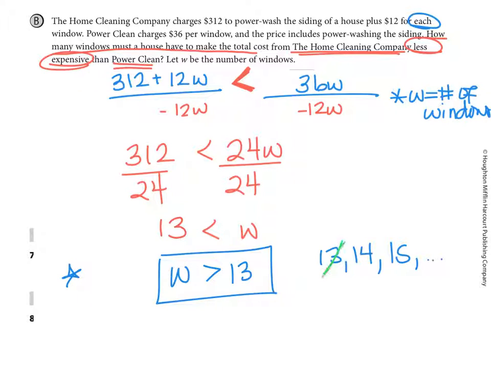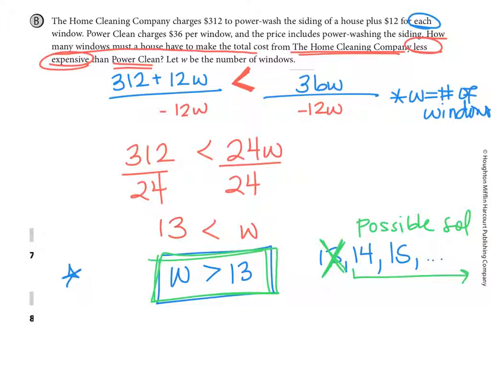It does not mean 13 because this says greater than 13, not greater than or equal to, which means you would have to do 14 or more. All right, so in my notes, my answer, I would write this down as your answer. And then we can make a list of possible solutions. And those would be 14, 15, so on and so forth. All right, we'll talk about this tomorrow.